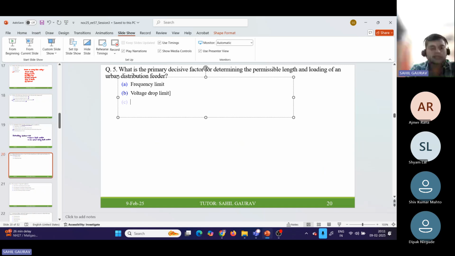So you have to tell, for the urban distribution feeder, what is the primary decisive factor for determining the length and loading. Options are frequency limit, voltage drop limit, ampacity limit, phase angle limit.